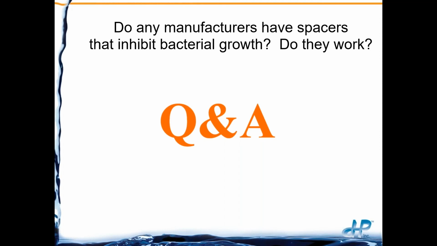Next question. Do any manufacturers have spacers that inhibit bacterial growth, and do they work? Well, the pictures that we saw in my report are from Hydranautics. They have their LD membranes, and that LD is that blue feedwater spacer. It has an antibacterial compound permanently molded into it, kind of like some of the chlorine countertops.